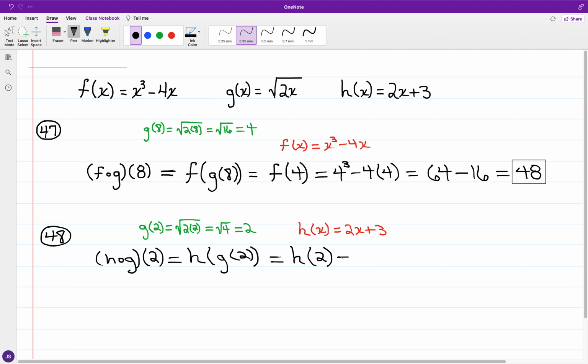With x at 2, we'll have 2 times 2 plus 3. So we have 4 plus 3, and h composed with g of 2 comes out to 7.